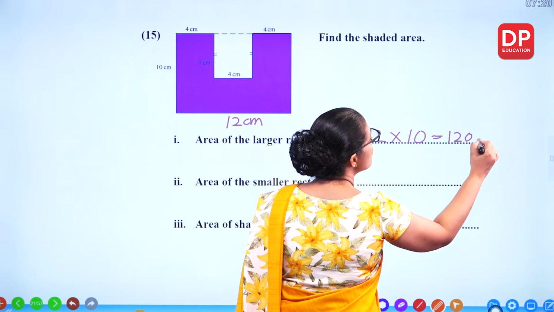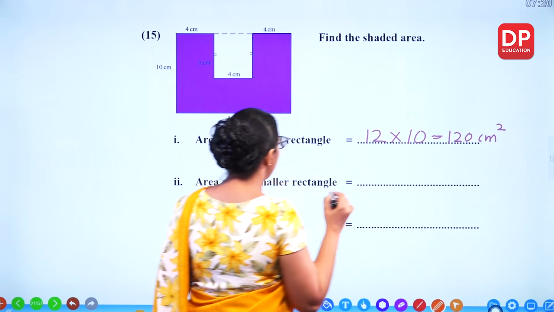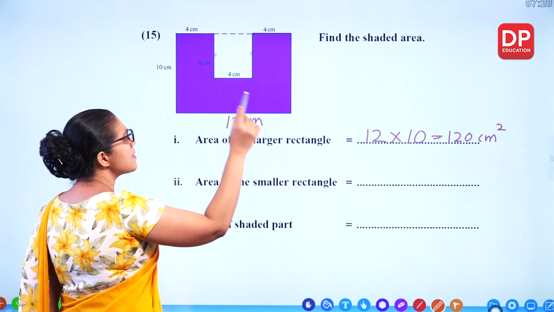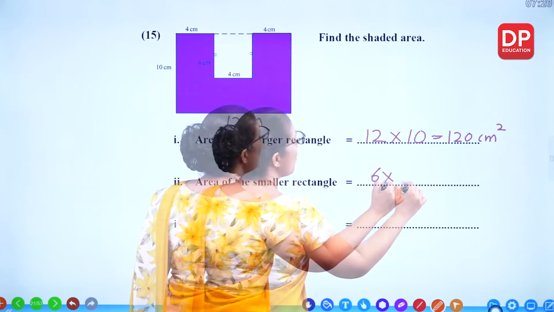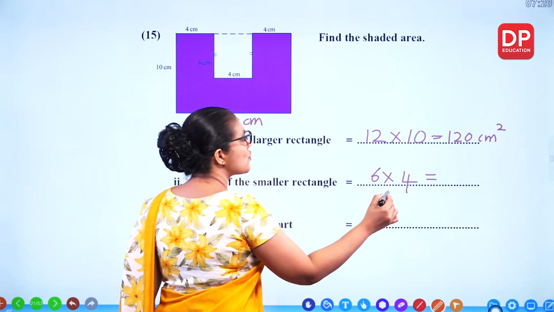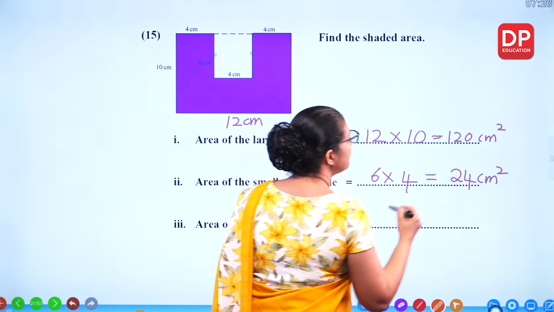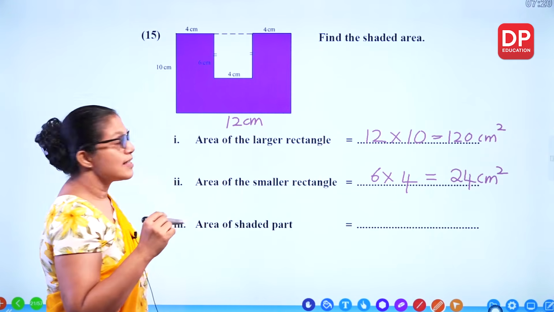120 square centimeters. Area of the smaller rectangle, length is 6, breadth is 4. 6 times 4, 24 square centimeters. And what's the shaded part?